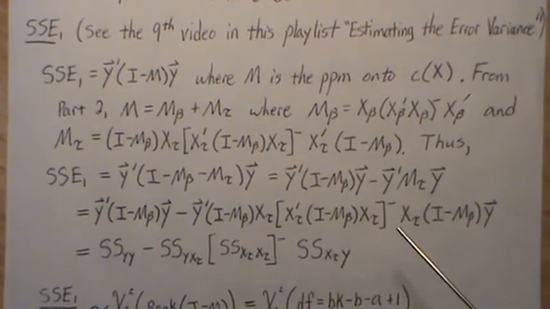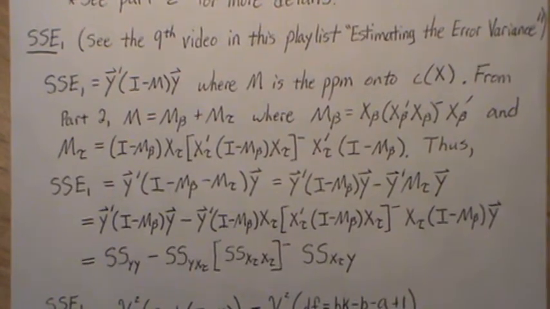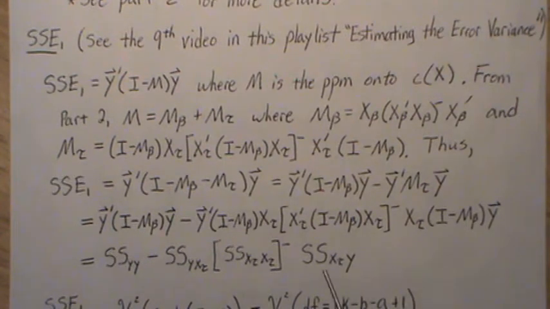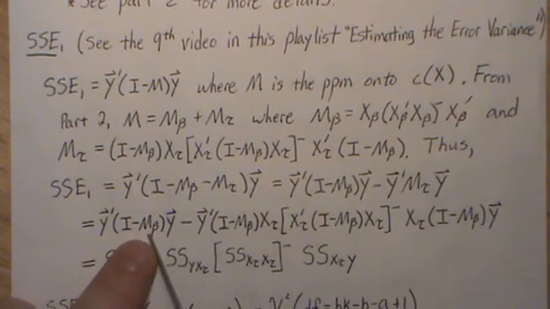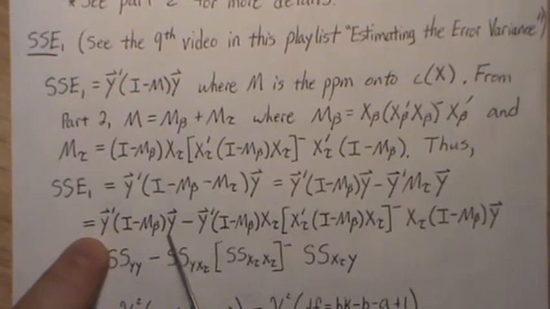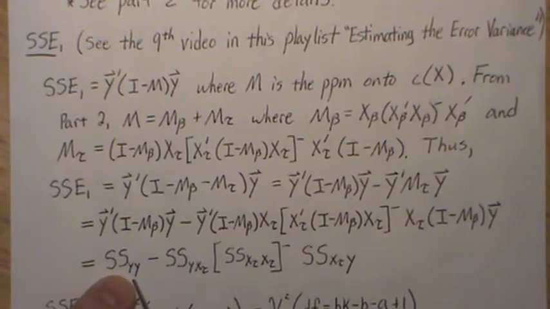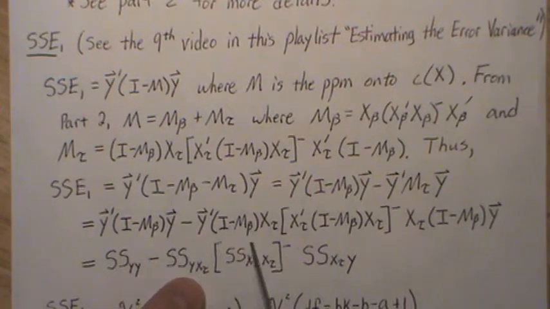Well, I want to show you what they do in books that mainly deal with scalar notation. They write it like this, and then the way they manipulate it, they create these sums of squares. If we think of this as I minus m beta, notice there's one here, one here, one here, one here. And then it's what we pre and post multiply. So they call this SSYY, and they would call this SSYX tau, right?